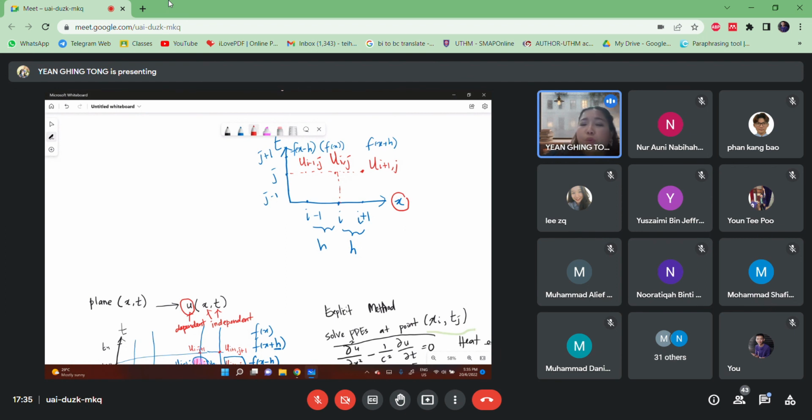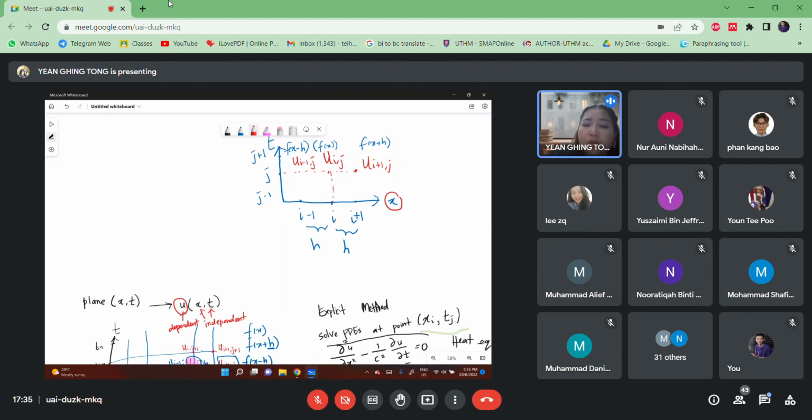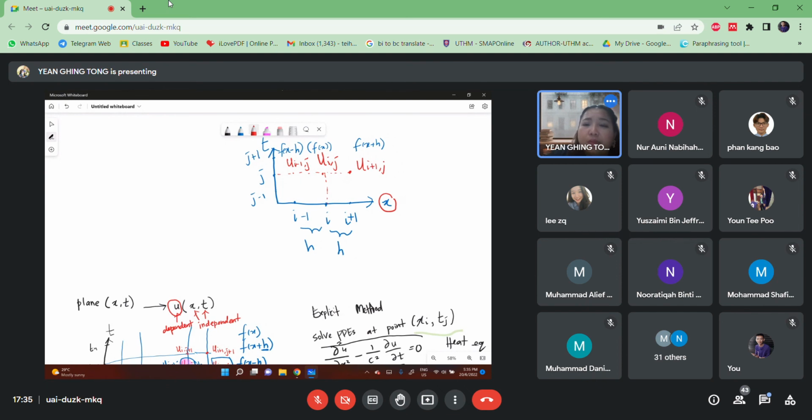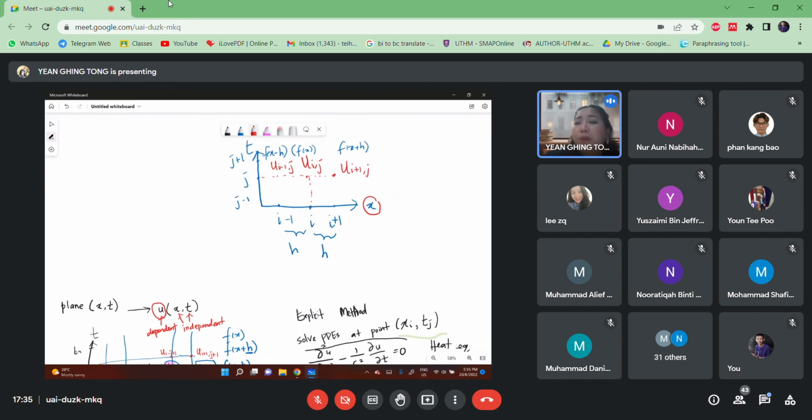So that's why just now, when you look at the second partial of u with respect to x, we change to a finite difference form: ui minus 1,j minus 2uij plus ui plus 1,j, and then this over h square.